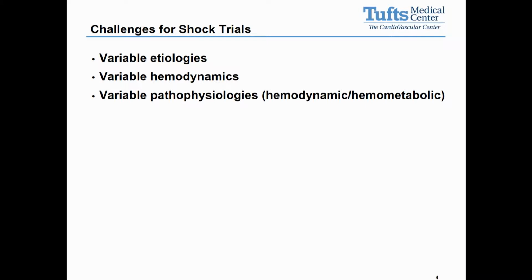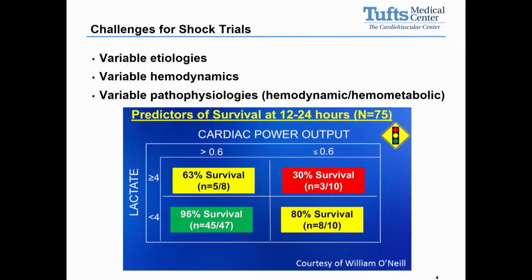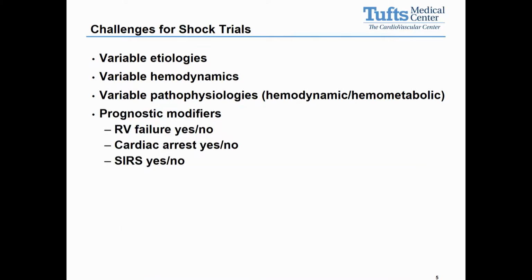The pathophysiology is variable. There are people with high lactate, high creatinine, low creatinine, all of whom have different categories of survival and outcomes, as shown here by Bill O'Neill, who categorized people by their lactate level and their cardiac power output and had different survival characteristics. So all of this, and then prognostic modifiers.